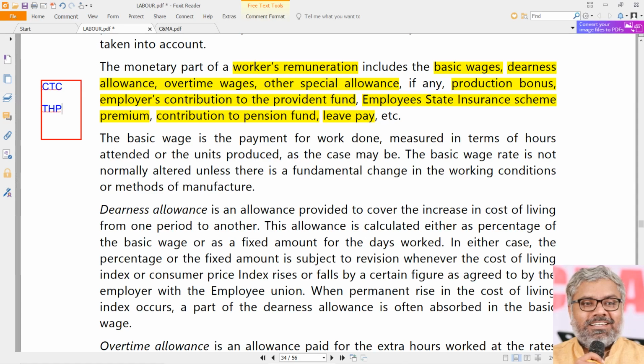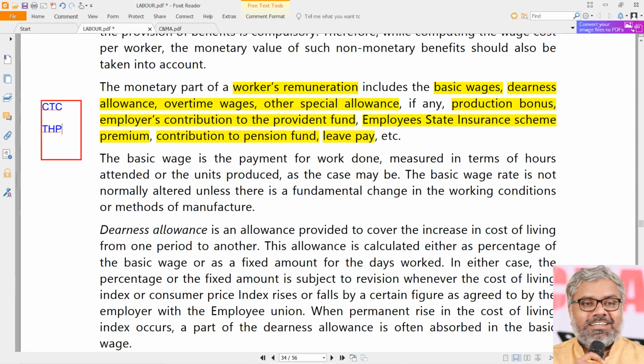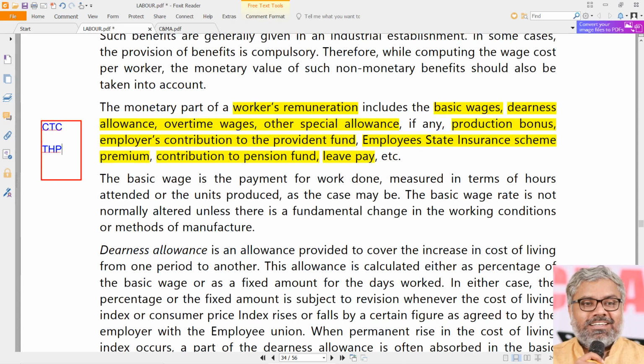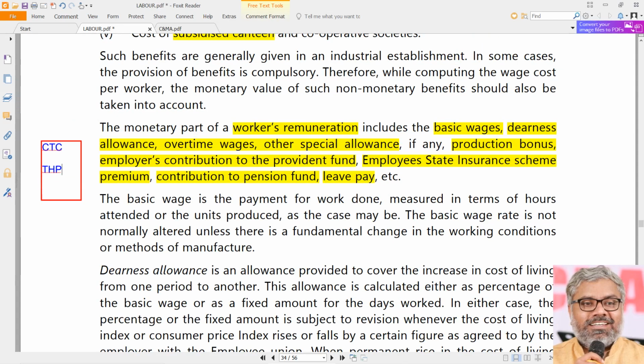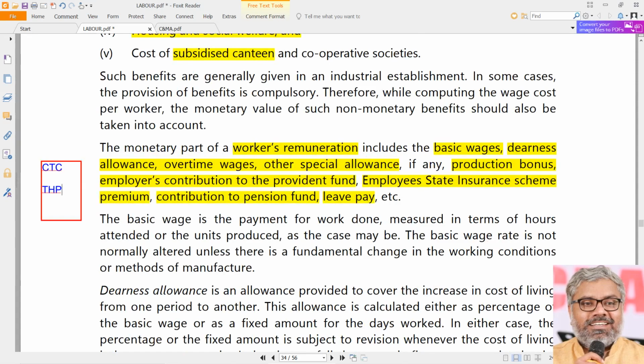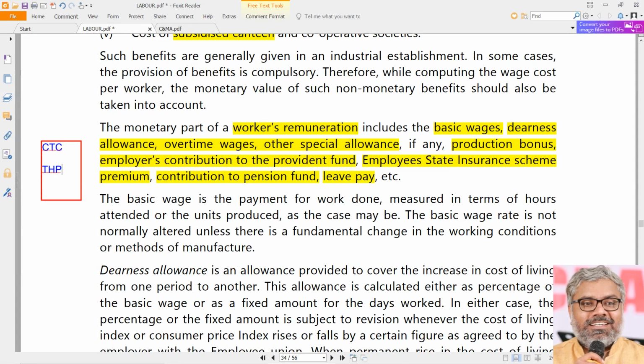A lot of times, why this is important is that people who apply for jobs and look at the CTC provided by certain companies may be surprised to see a very high CTC, because some companies even include their car parking as part of the CTC. So we should not get fooled. Employees particularly should not get fooled by CTC only. You should really understand what the real take home pay is.